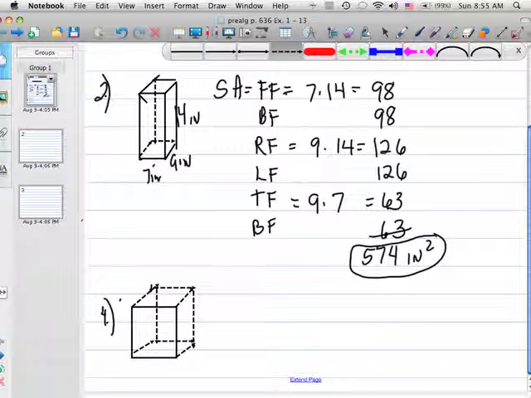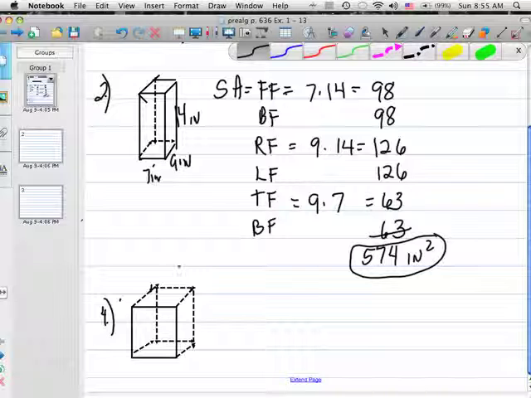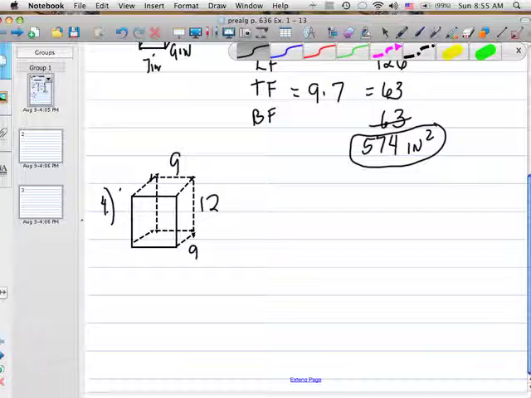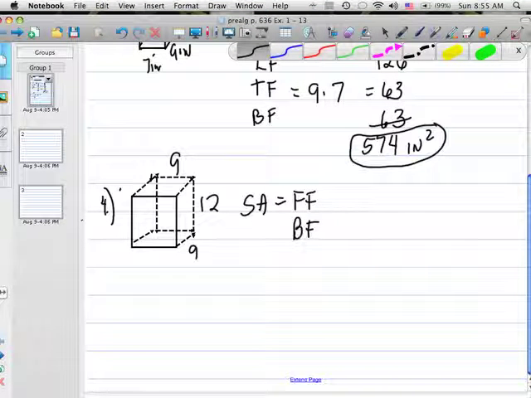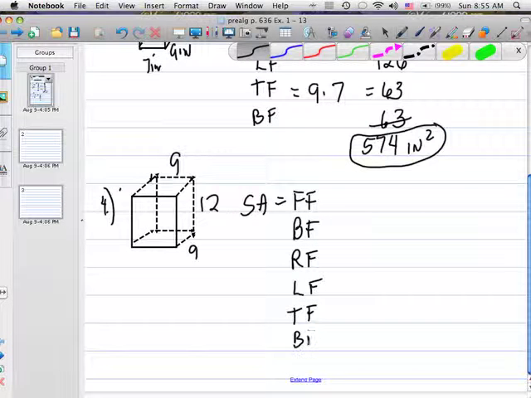So this number 4 is 9 by 12 by 9 centimeters. So again, we'll use the same formula. Surface area equals the front face and the back face. The right face and the left face are the same. And the top face and the bottom face are the same.